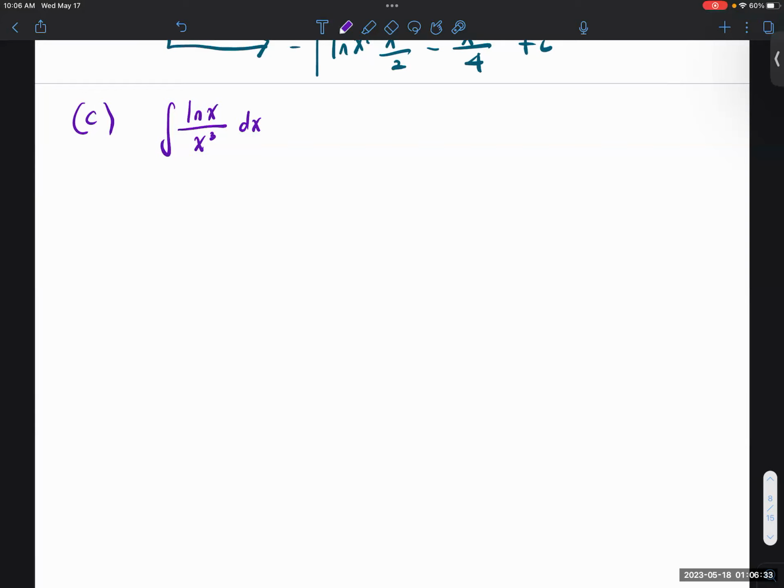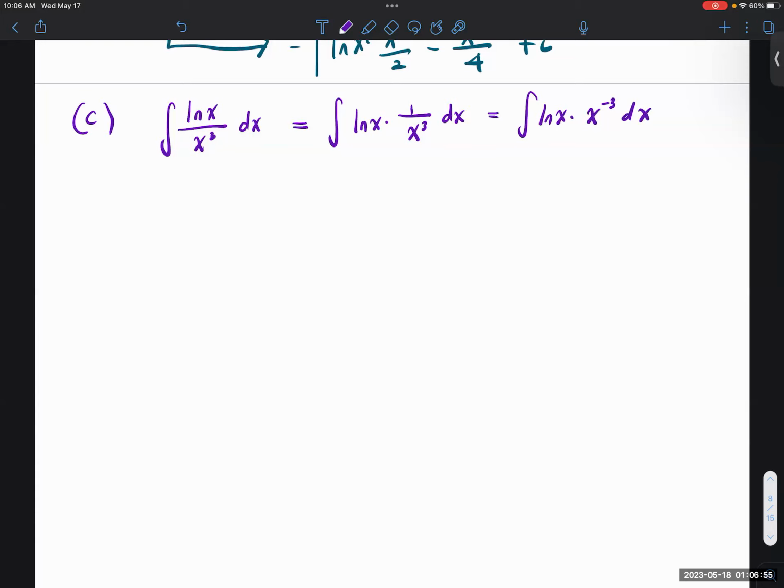So it's a very interesting format, looks like a fraction, but you can modify it. It means integral ln x times 1 over x to the third dx. And then I don't like the fraction. You can simplify with the negative exponent: ln x times x to the negative 3 dx.